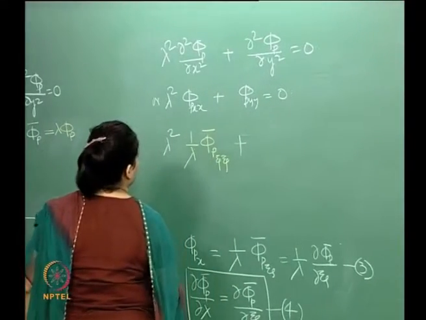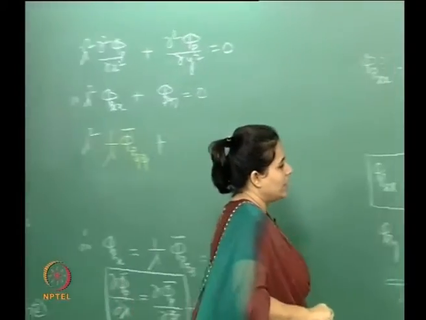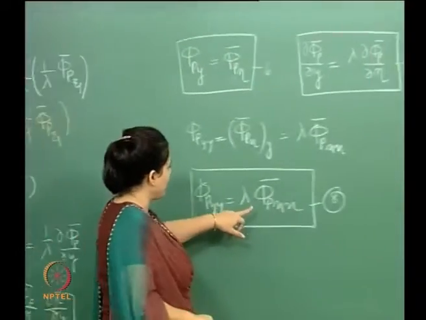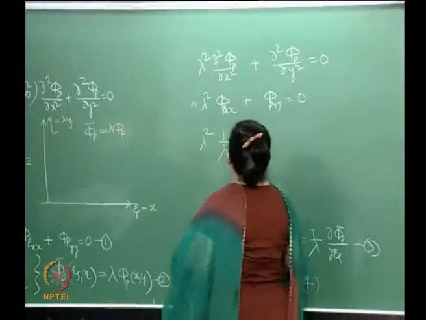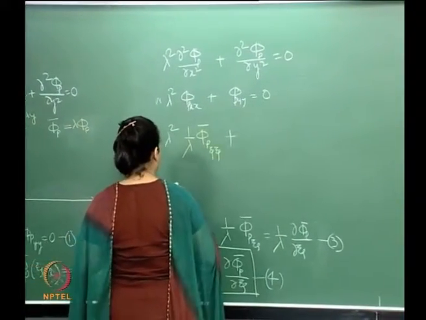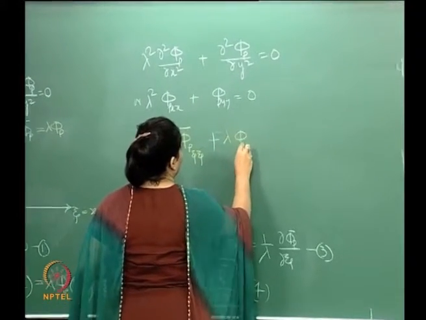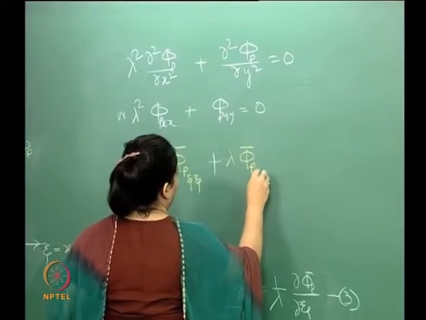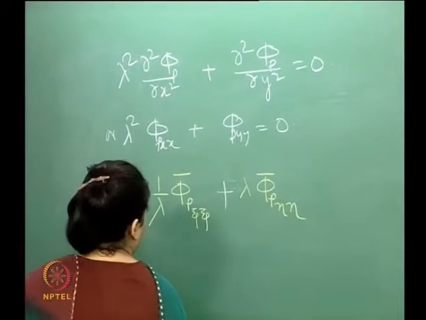And what happens to the next one, phi p y y? Let us look here. So, phi p y y is lambda into phi p eta eta. So, again this is equal to lambda into phi p bar eta eta, right.